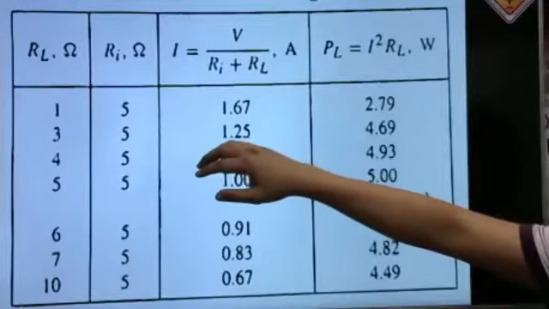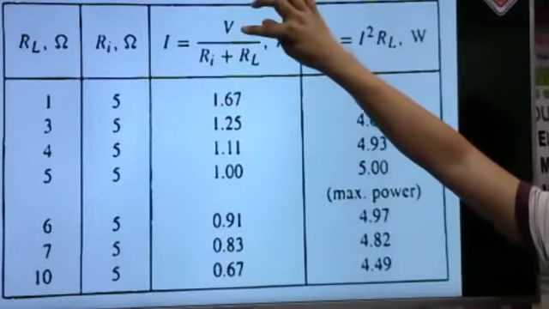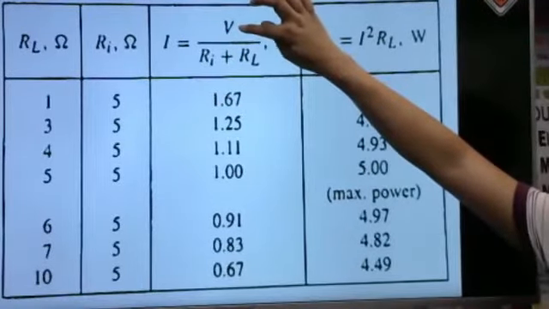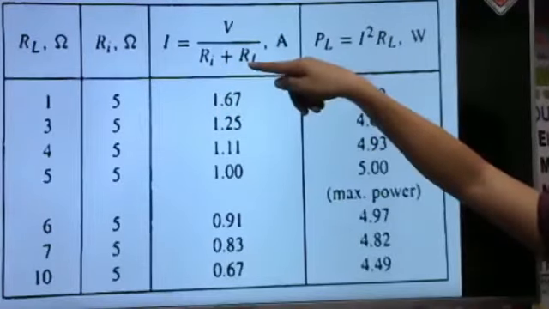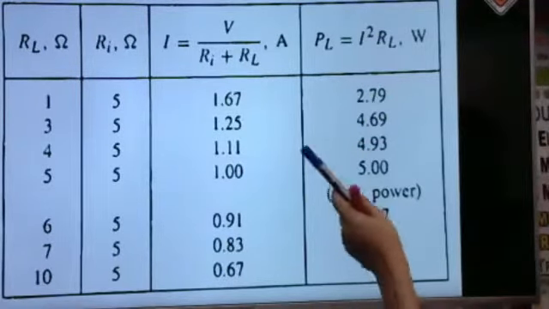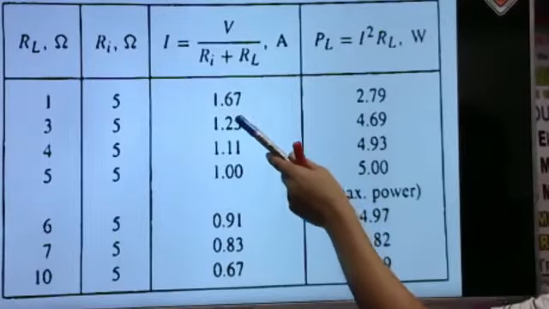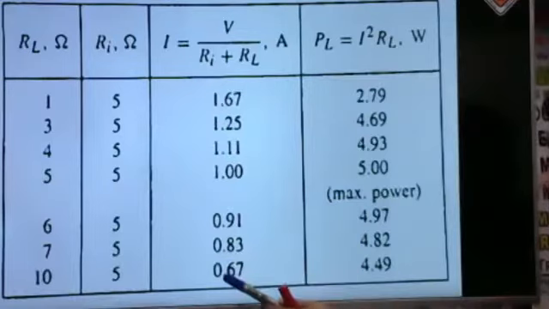Using our formula, the voltage, which is our E in our example, over the internal resistance plus the load resistance, we see here that the load current is decreasing in value.